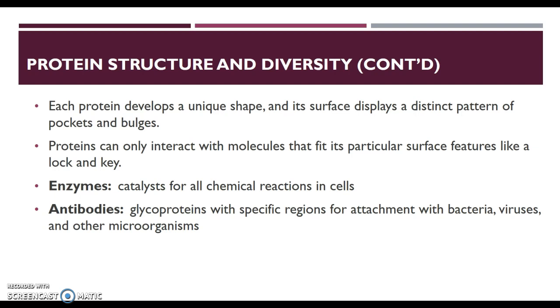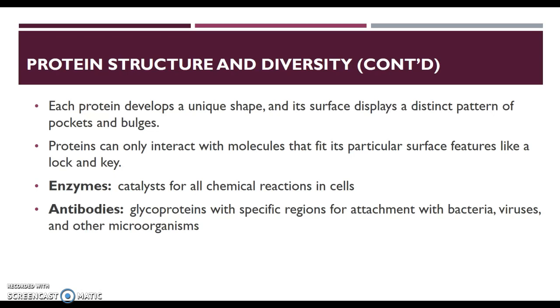Every protein develops its own unique shape, and this is one way that we distinguish proteins. And on the surface of that folded structure, we have these very distinct pockets or bulges on the protein, and those pockets and bulges then become active sites for other molecules to interact with the protein, similar to a lock and key.